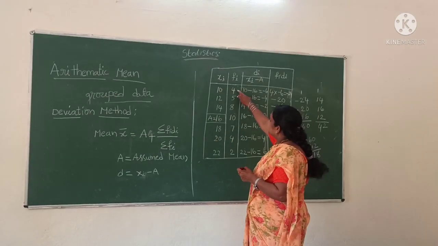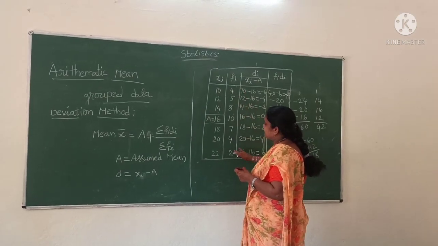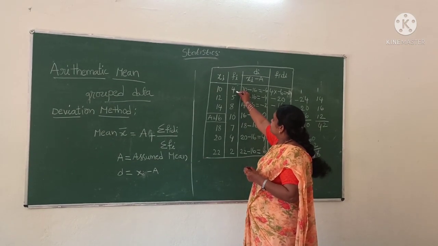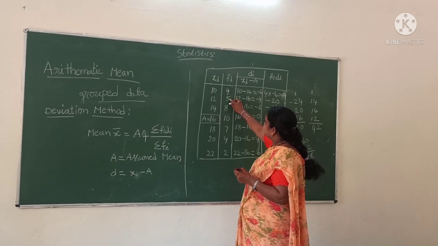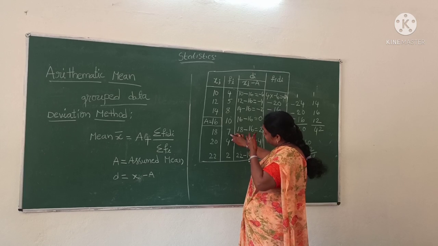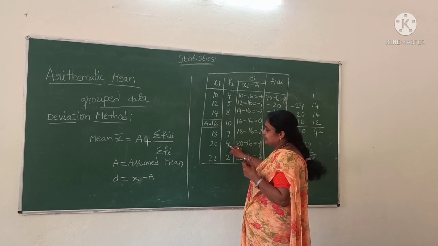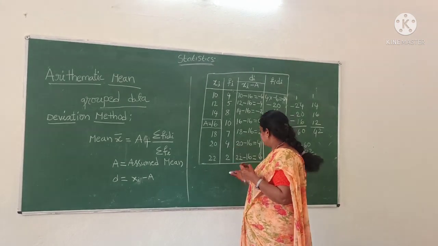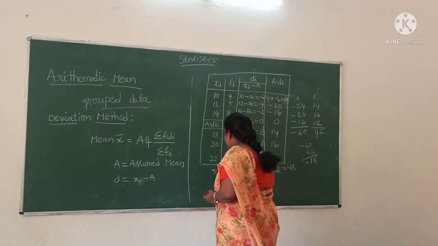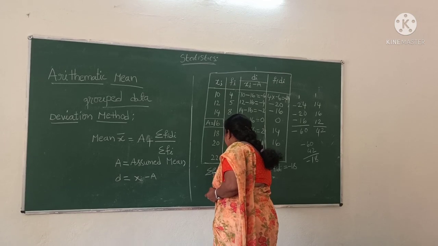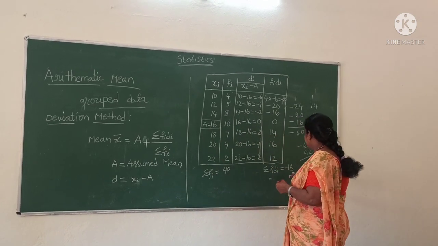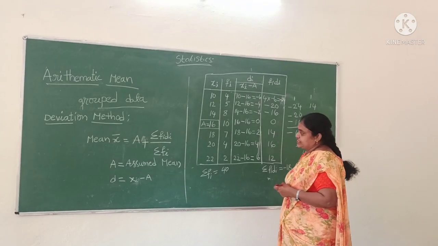So we sum all frequencies. How much? 4, 5, 9, 8, 17, 27, 7, 34, 4, 38 to 40. So we got sigma fi is 40, sigma fi di is minus 18.